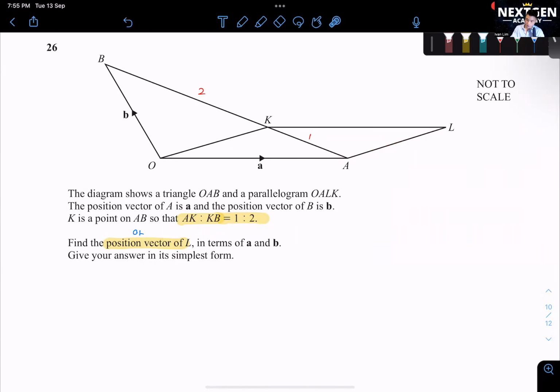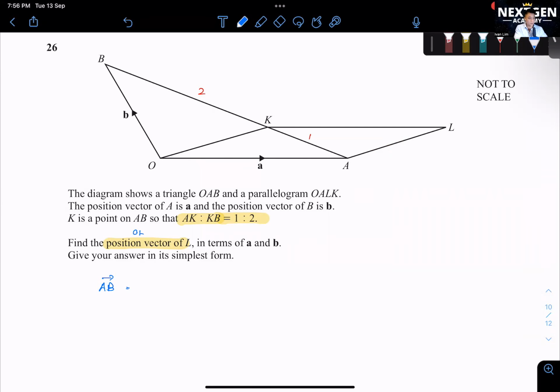We have to slowly break it down. They give us OA, they give us OB, and they say AK to KB is 1 to 2. So you find what's AB first.